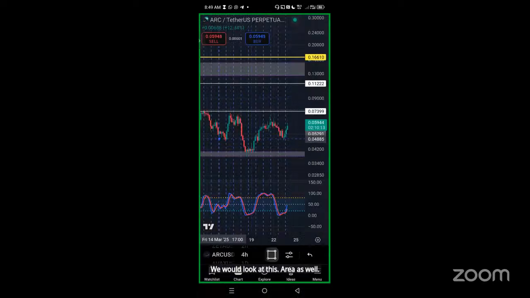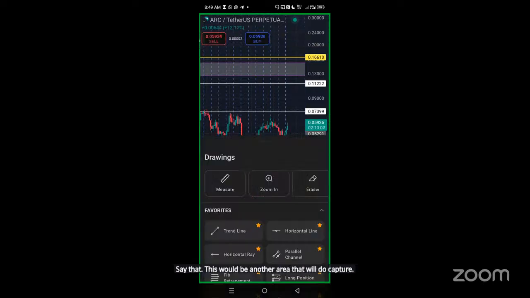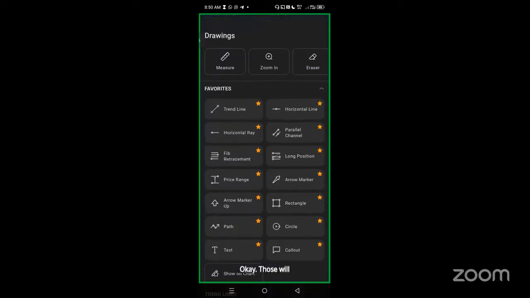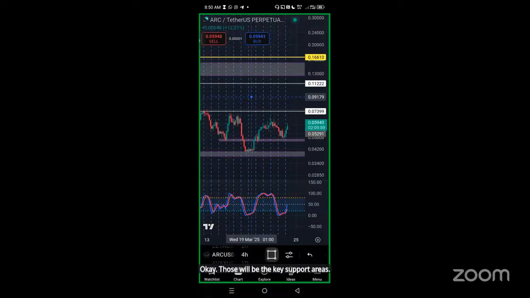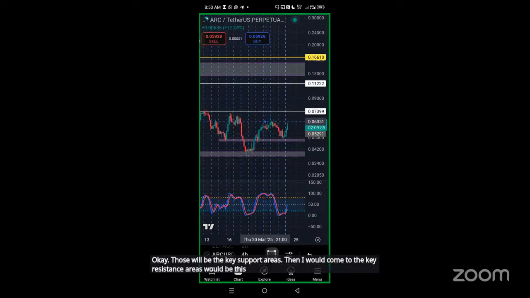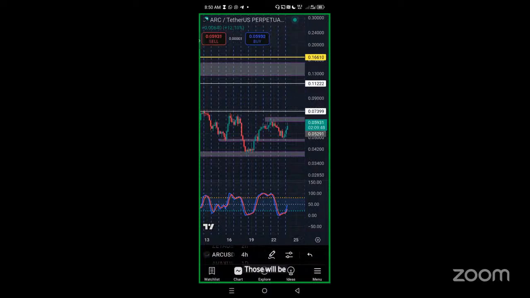This is another area we would capture. Those will be the key support areas. Then the key resistance areas would be this area. Those would be the key resistance areas.